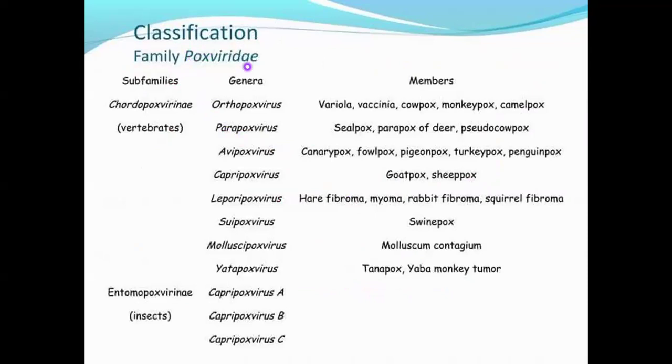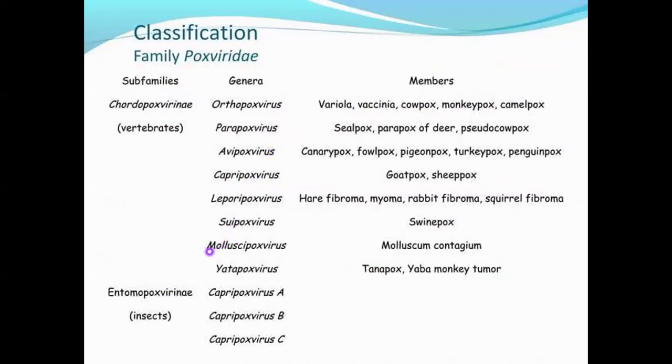So the family is Poxviridae. We have the subfamily Chordopoxvirinae, and the orthopoxviruses. Here we have variola, which is smallpox, vaccinia, cowpox, monkeypox, camelpox. All these are for the animals.